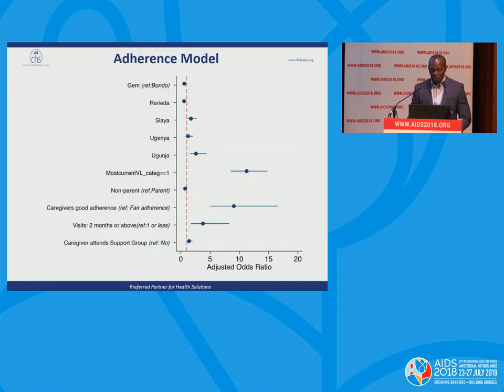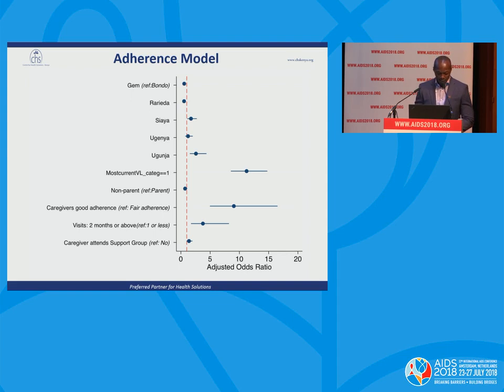In the adherence model, a couple of factors were statistically significant. These included the sub-county, particularly in this case Siaya and Ugunja, and the most current viral load measure, especially for those who had viral suppression. Of course, that would be related to good adherence.